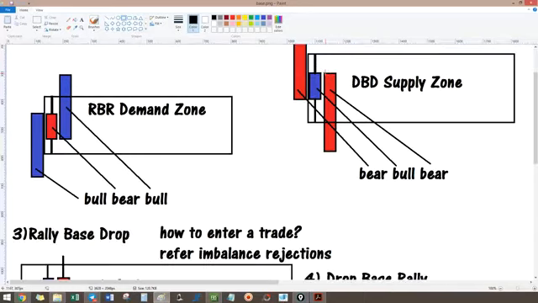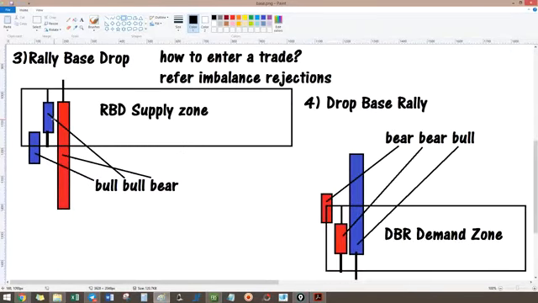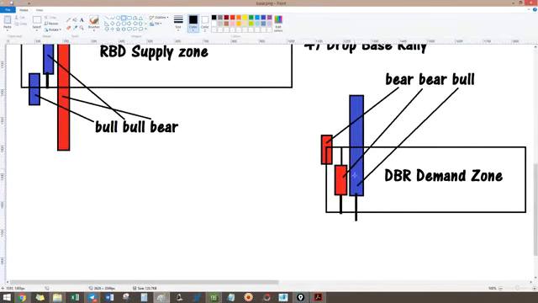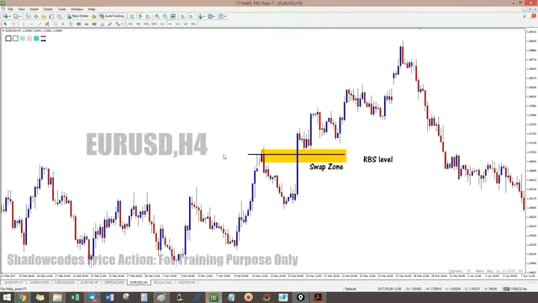We only take this middle candle, bull, bull, bear, as a swap zone after it is consumed. After it is consumed, we will take it as our swap zone.